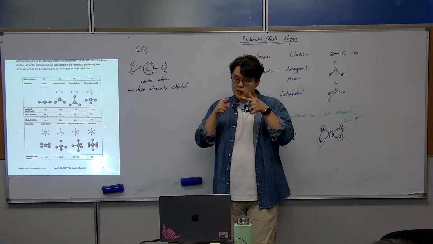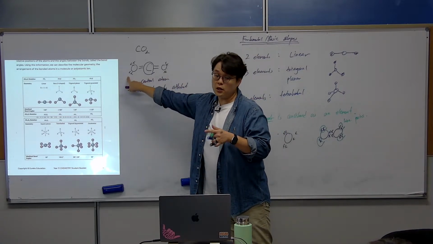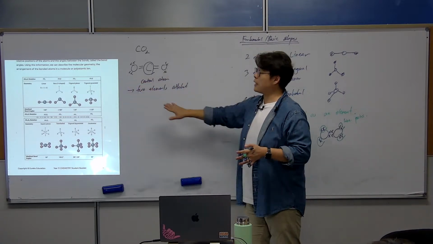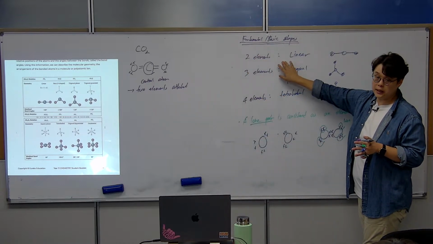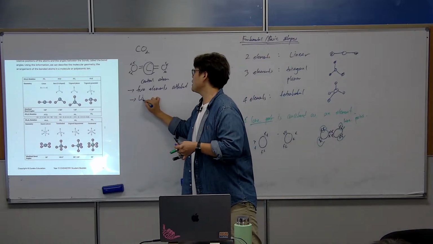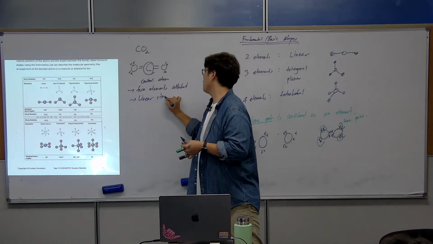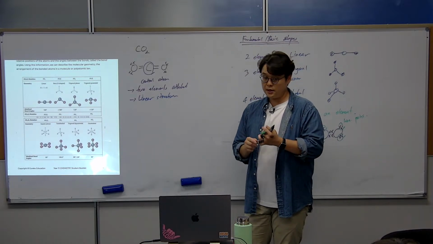I only see that the central atom has 2 attached. If nothing else happens, I just follow the fundamental structure of 2 elements, which is what? Linear. So carbon dioxide must have the linear structure. Does it make sense?